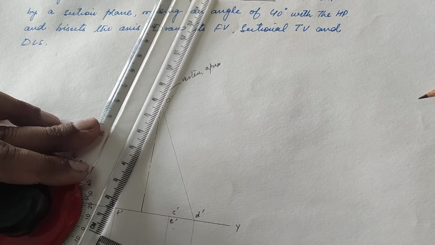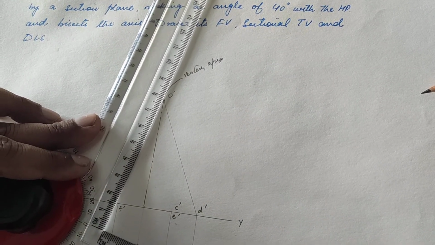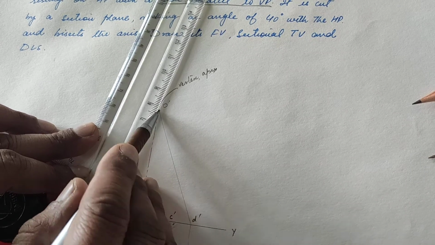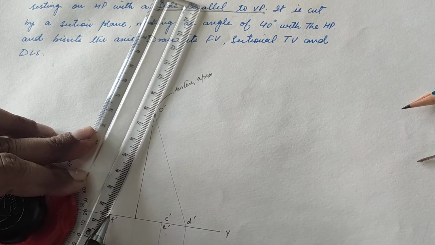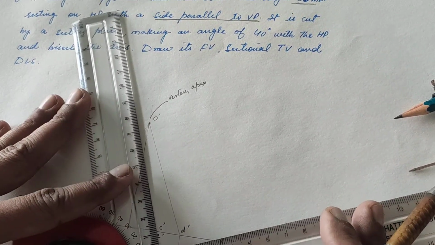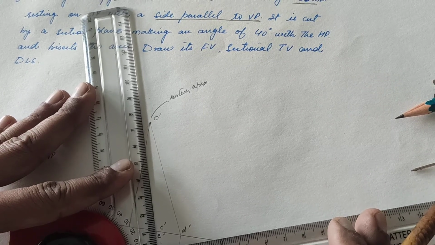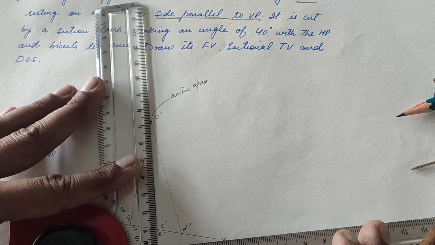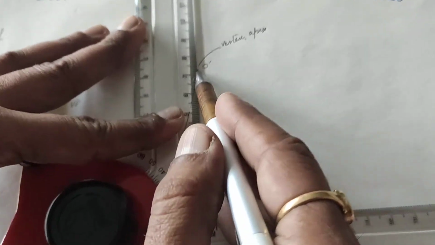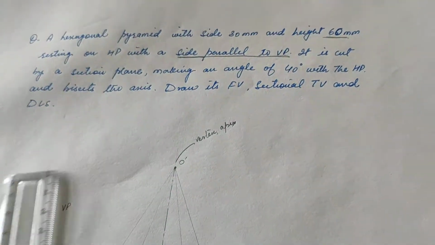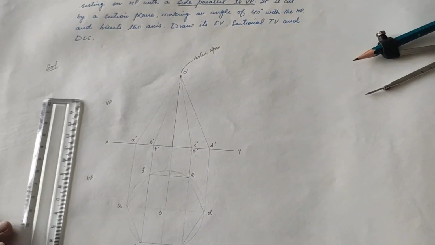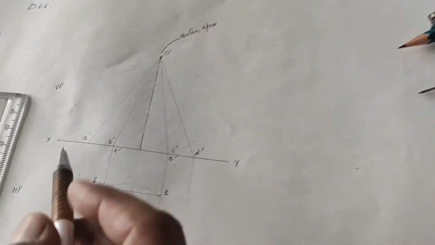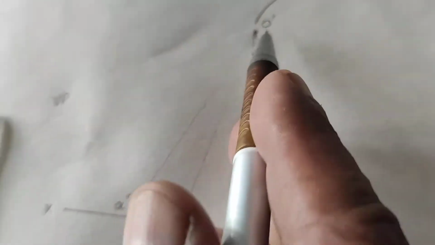In the same way, join B dash with O dash and C dash with O dash. So we have joined all the points in the front view with O dash.